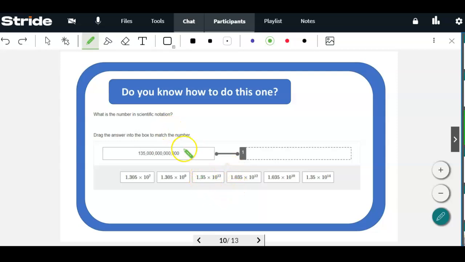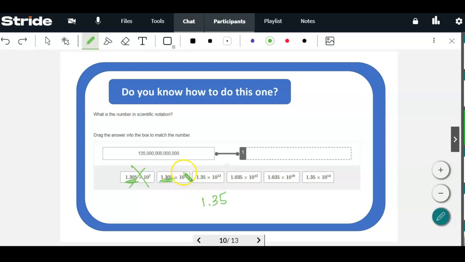There's only one example on here. You've got a very large number. These are all positive exponents, so that doesn't really help. But if we move it over here, it's got to be 1.35. So you can actually get rid of a few of the answers. This is not correct. Get rid of it.